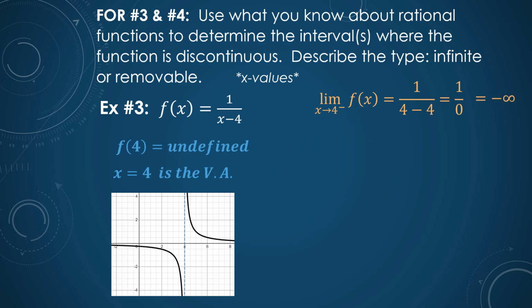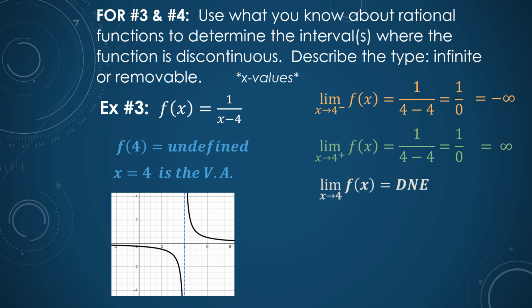The limit as x approaches 4 from the right gives you the same thing, 1 over 0, which is undefined, and again, we would choose like 4.0001 and 4.001 and so forth to figure that the values from the right are approaching positive infinity. Therefore, as I look at left and right side limits, the limit as x approaches 4 of this function does not exist.